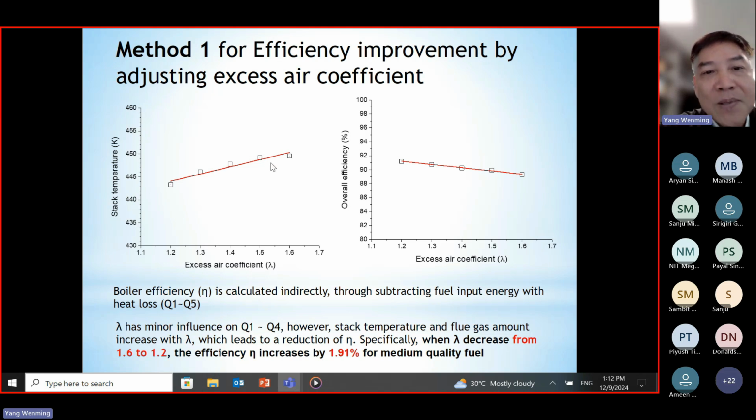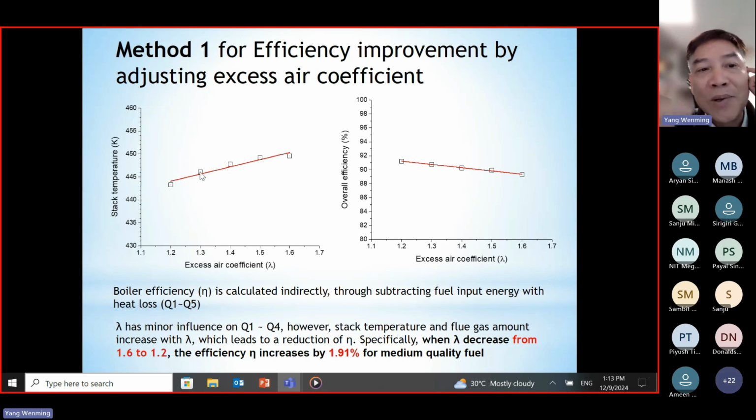In the standard operating conditions, the excess air coefficient for the boiler system, the standard value is 1.5. But based on this simulation, we can further reduce this value to 1.2 or at least 1.3.